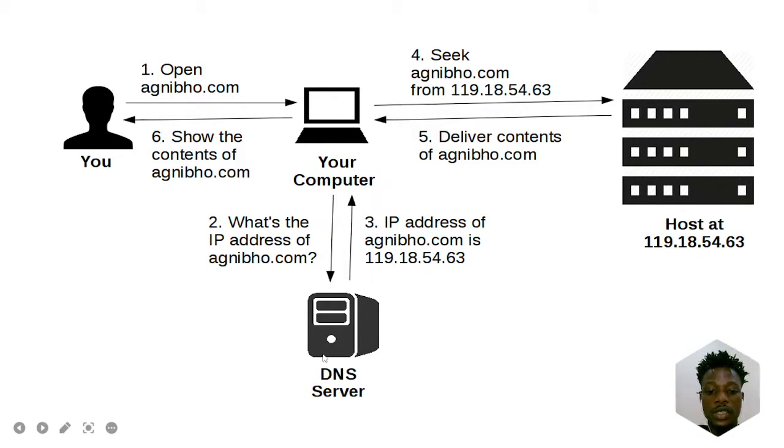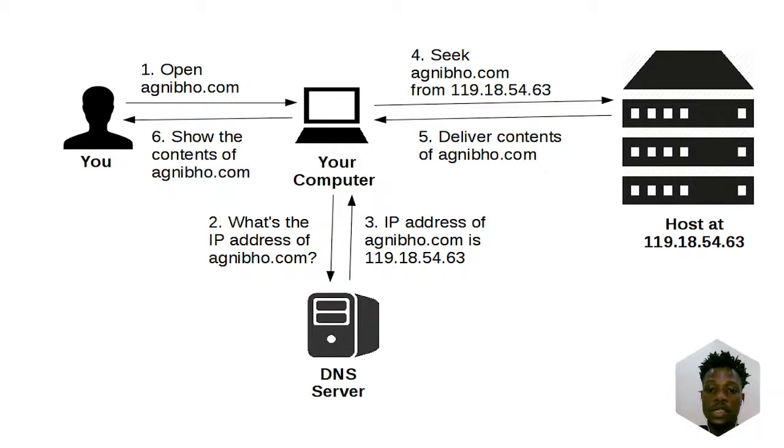So this DNS helps us to locate the IP address associated with this domain name. So after locating this IP address, a response is going to be sent back to our browser, and our browser now does a second request to the hosting server where these files are located.